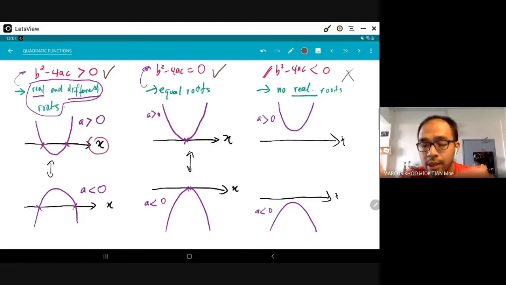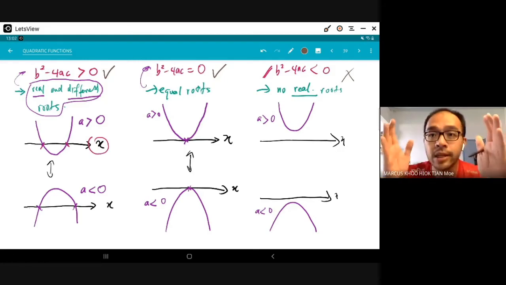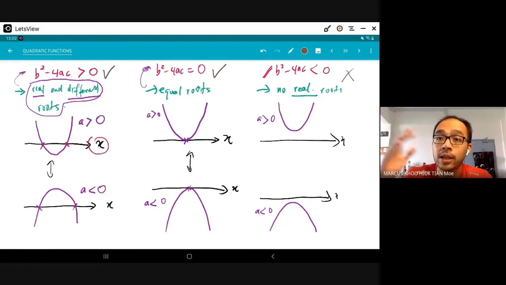This one kan tiada guna kamu guna intercept form because dia tidak memotong paksi x. There will be no real roots. You will get math error. So that's why start with the general form, then go to the vertex form. Kalau adalah general form itu, then you go to the intercept form.